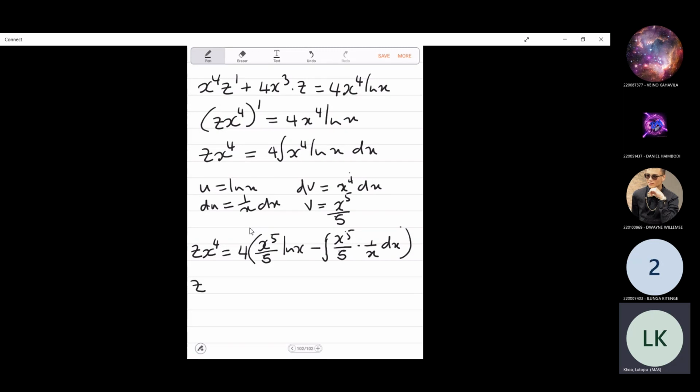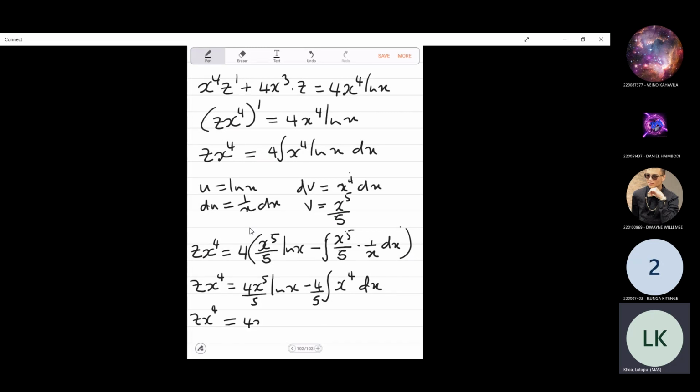So z x to the power of 4 is 4x to the power of 5 over 5 ln of x. Then minus 4 the integral of, this is 4 over 5 outside, and then we have x to the power of 4 dx.